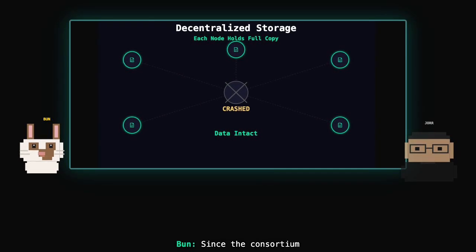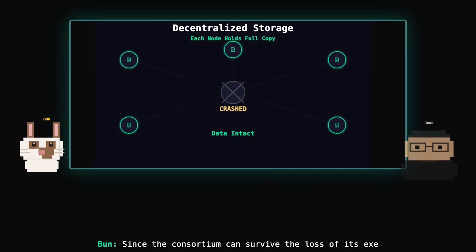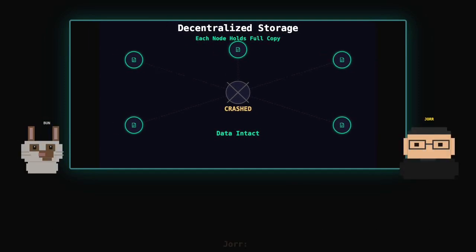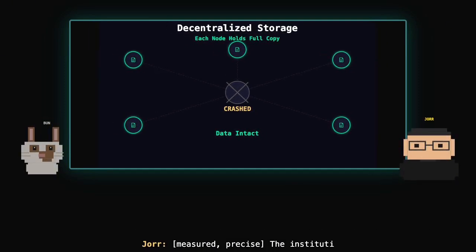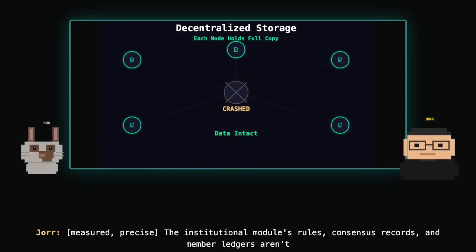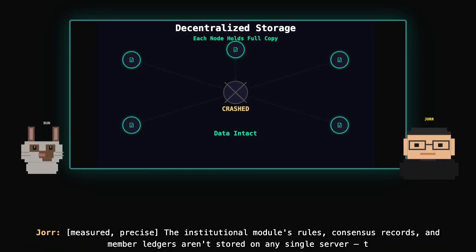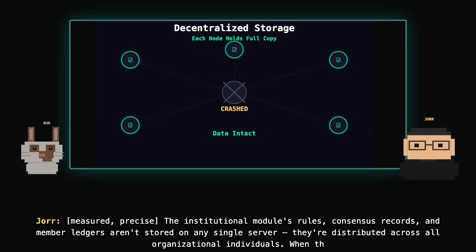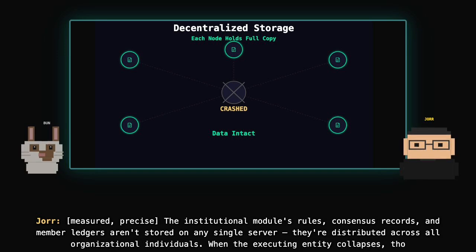Since the consortium can survive the loss of its executing entity, how does decentralized storage protect its rules and consensus? The institutional module's rules, consensus records, and member ledgers aren't stored on any single server. They're distributed across all organizational individuals. When the executing entity collapses, those files don't vanish with it.